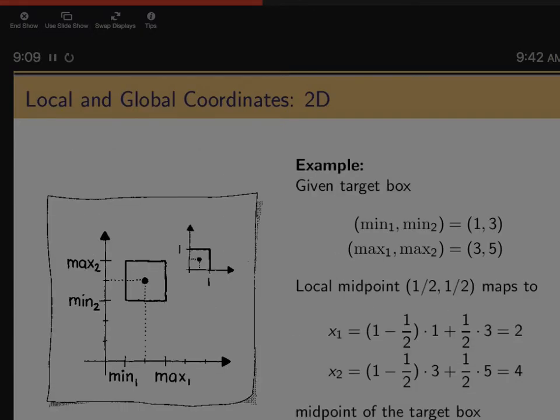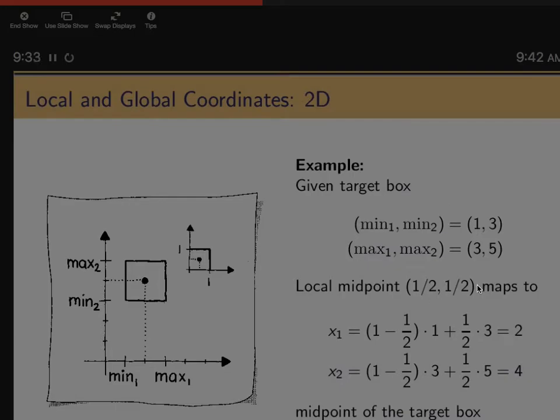So if I had an actual problem, given a target box of (1, 3) to (3, 5), I want to figure out where that's going to go. I can do some quick calculations. What's the midpoint? In the original local coordinate system of (0, 1) by (0, 1), the midpoint is (1/2, 1/2).